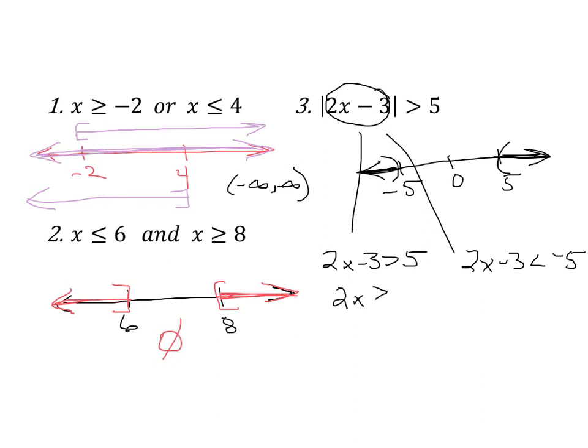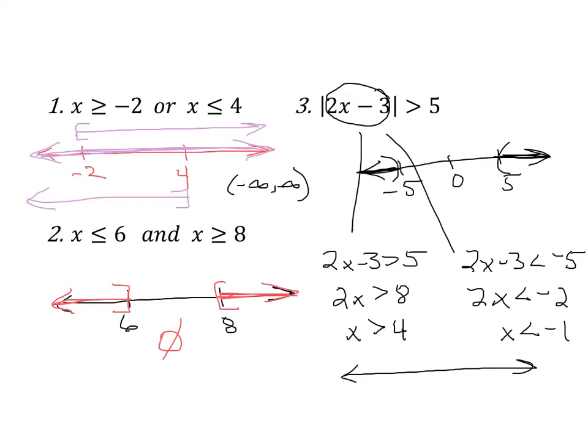Add negative 3 to both sides and divide by 2, and on the left you get x is greater than 4. For the second case, you add 3 to both sides and divide by 2, and you get x is less than negative 1. So you graph that, and you find that you're going to have a disjointed interval.